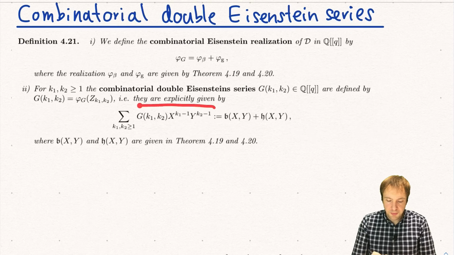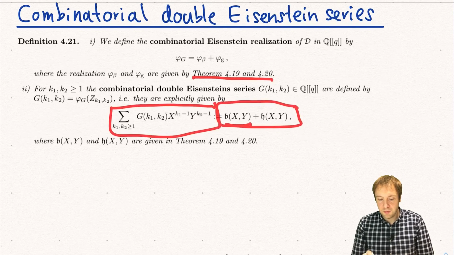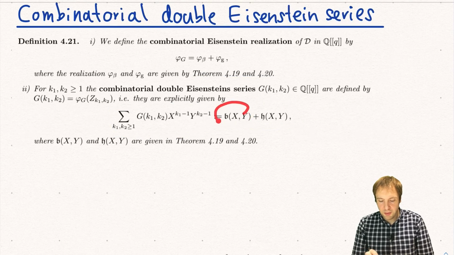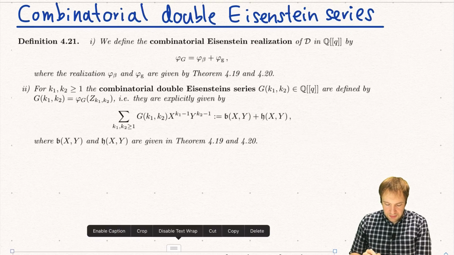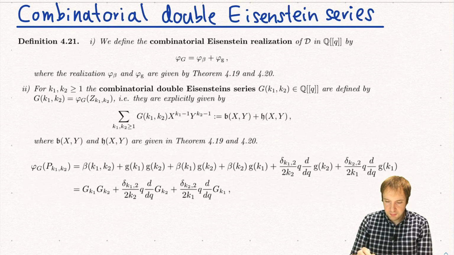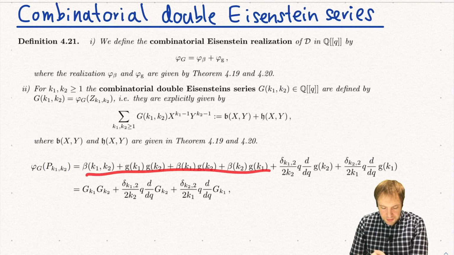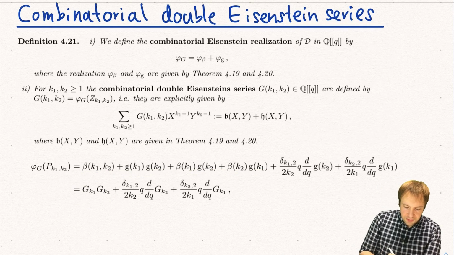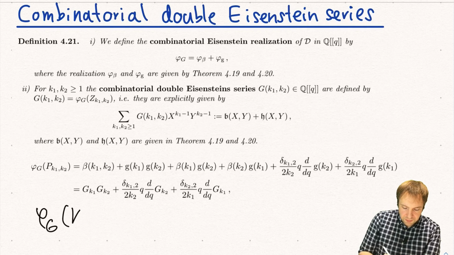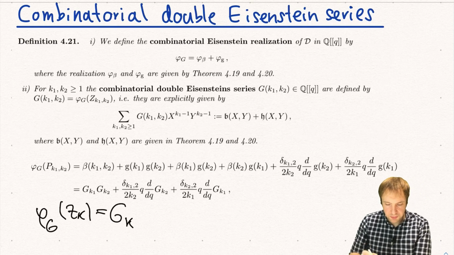So in other words, they are given as the coefficient of these generating series given in these two theorems where we had this B, this double B, and this H there. And then we get, as I just did before, that the phi g of these products is actually then the products of Eisenstein series, and also that phi g of zk is exactly gk if k is not 2.